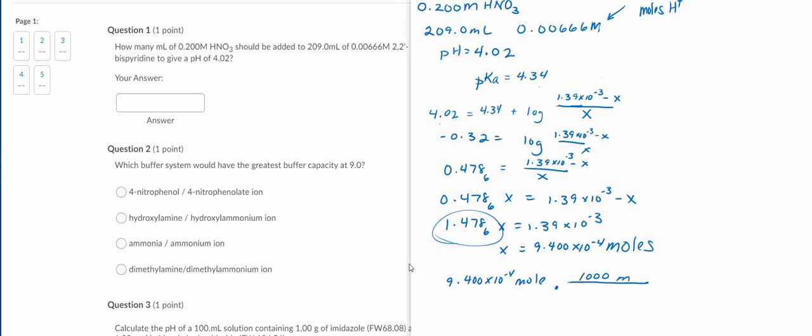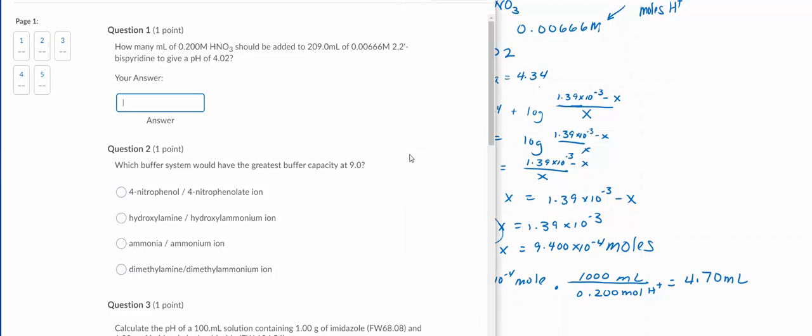A liter is 1,000 milliliters. We were asked for milliliters, so I'm just going to put my 1,000 there. And it's 0.200 moles of that acid per 1,000 milliliters. So I run those numbers and get 4.70 milliliters of acid would need to be added.